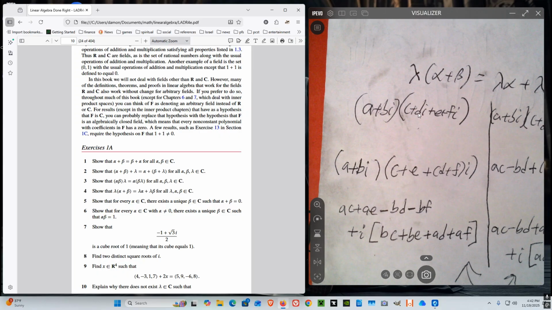All right, so I rewrote alpha plus beta. Addition, you add the real and imaginary parts. That's this here. And so you have a complex number where the real part is c plus e and the imaginary part is d plus f. So you have the product of two complex numbers. So let me underline that.